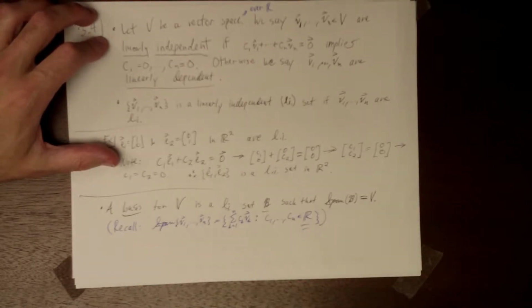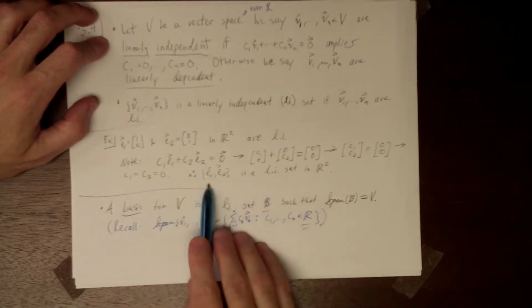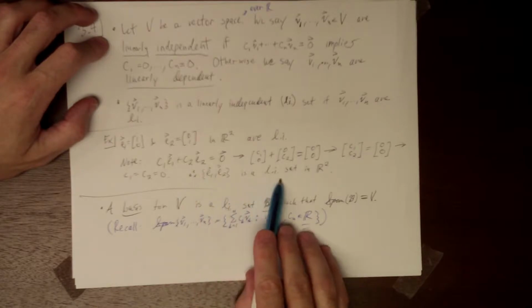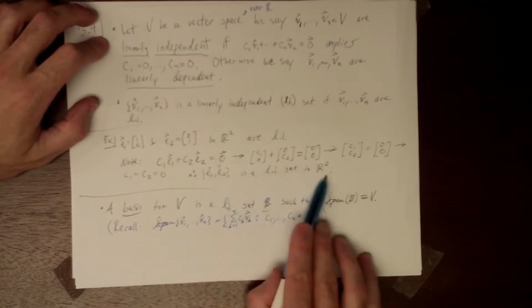Now, what we have found in this example is that this set E1, E2 is a linearly independent set in R2, but we also know that this set spans R2.